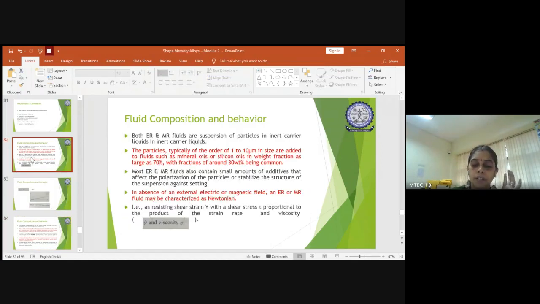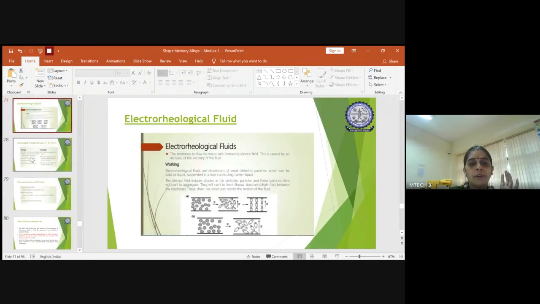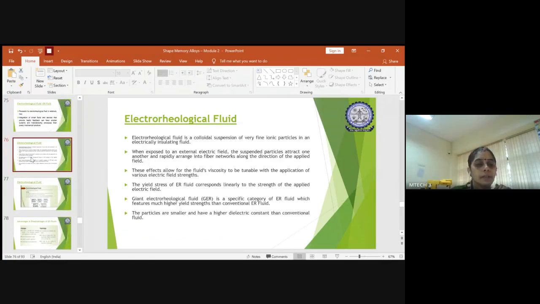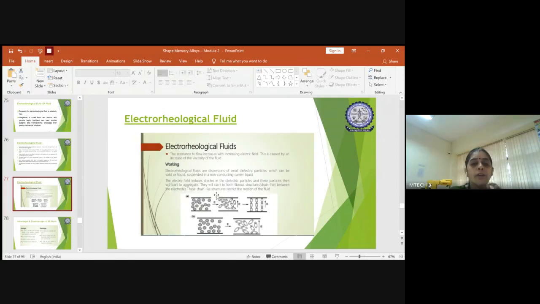distributed. Now if we go back to our ER fluid diagram, here you will have a bottom plate and a top plate, and the particles are arranged randomly. Then you apply the electric field so that they get the required orientation.